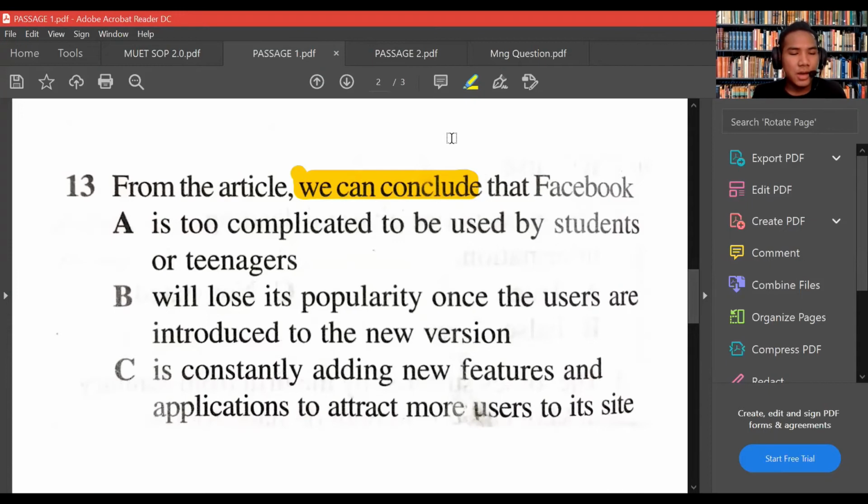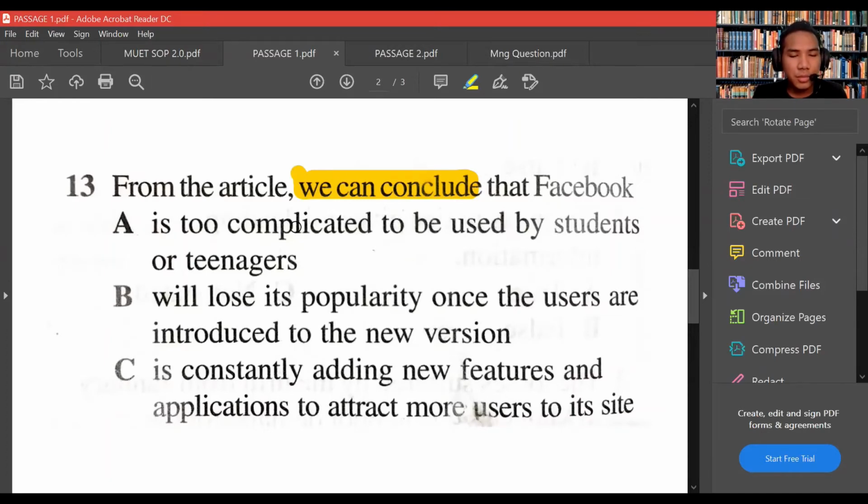So as we follow the SOP, the first step is to identify the type of question. For this question, the type of question is conclusion. Then we need to scan the question carefully by reading it repeatedly.